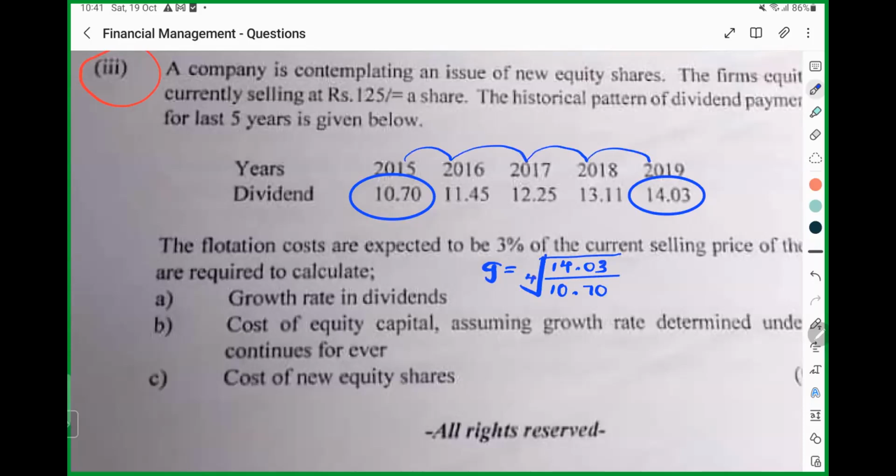Fourth root. N is 4. From the earliest dividend to the latest dividend, how many years? 1, 2, 3, and 4. So the fourth root, and from the answer, you deduct 1. Now see how much the growth rate is.